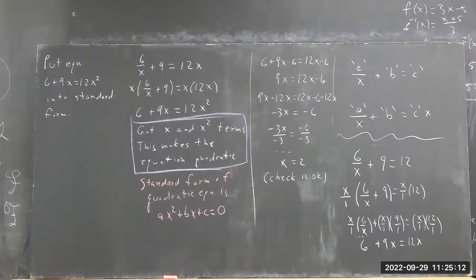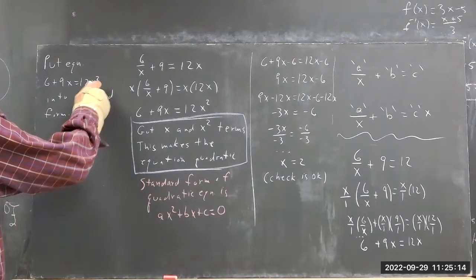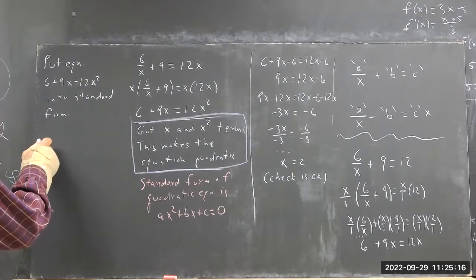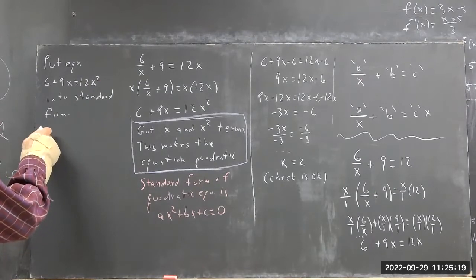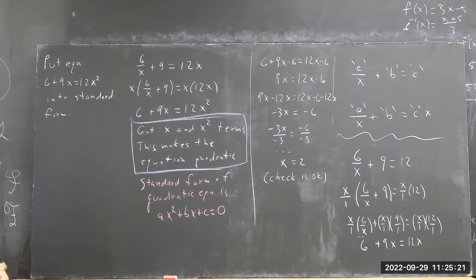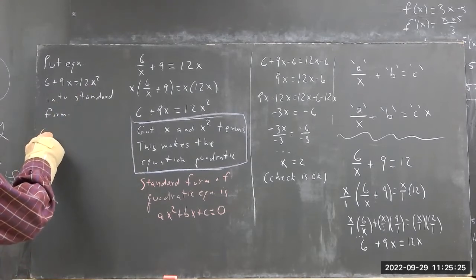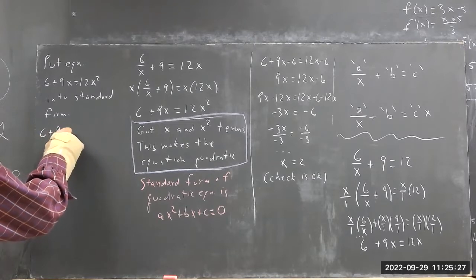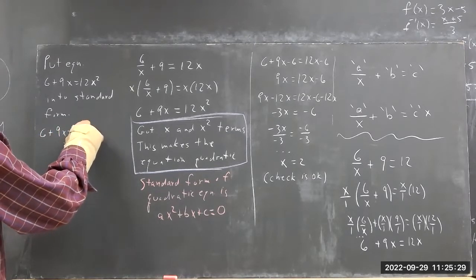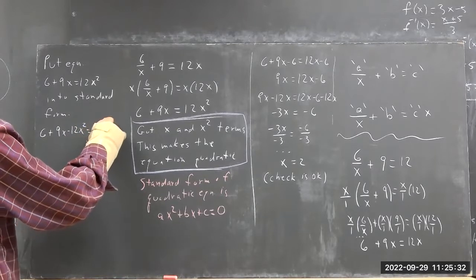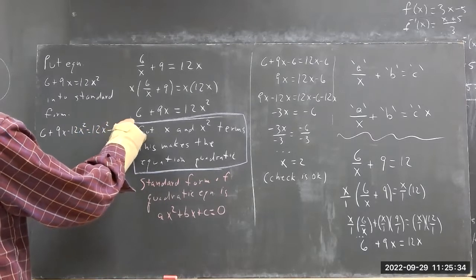Okay, so we subtract 12x squared from both sides. So we got 6 plus 9x minus 12x squared equals 12x squared minus 12x squared.